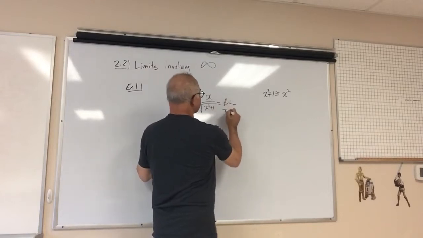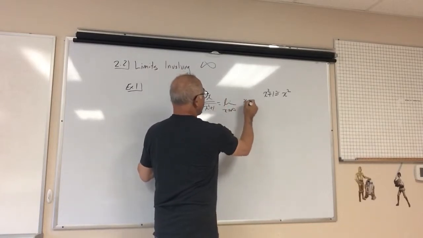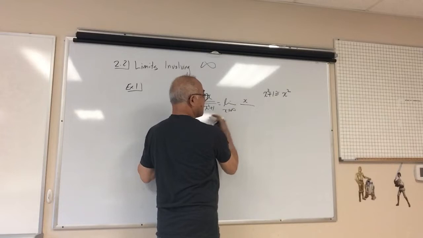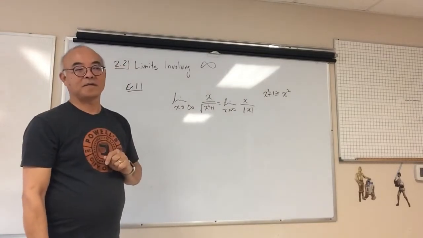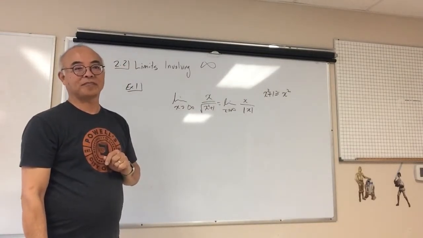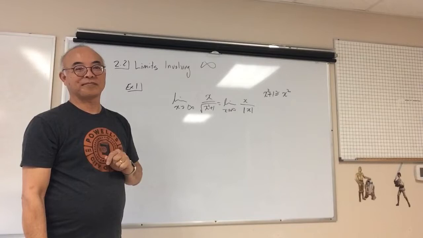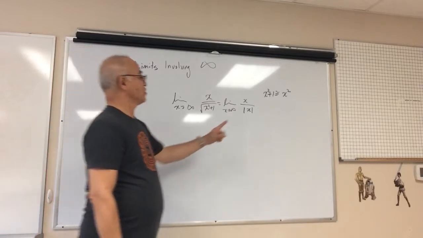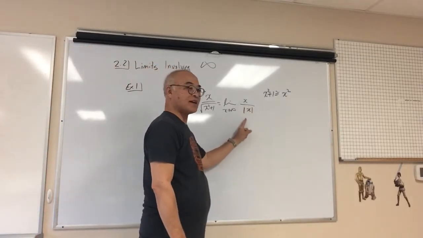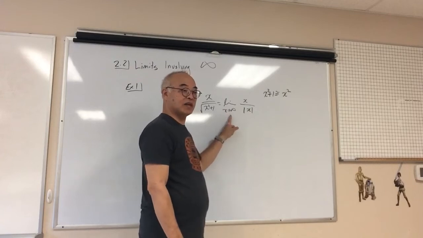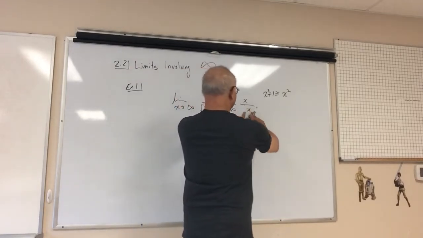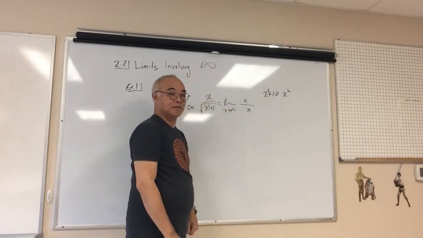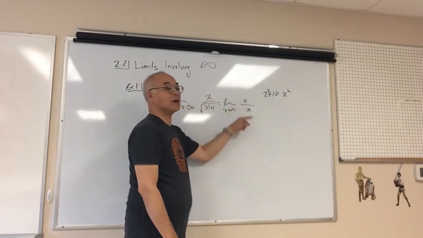Limit as x goes to infinity of x over this guy. Remember that's an absolute value. No matter how big the number you're adding, it's still basically the same. So when x is going to positive infinity, this comes out as x, and that's why it becomes 1.